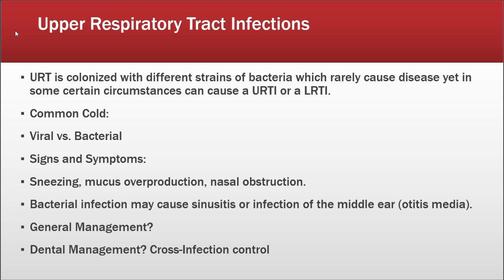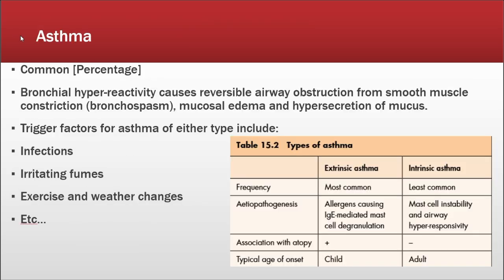Now, the more common type is asthma. It's a very common disease. Here what happens is that there will be an allergy. If the patient is allergic to a specific product in the world, once the patient smells it, there will be muscle spasm.